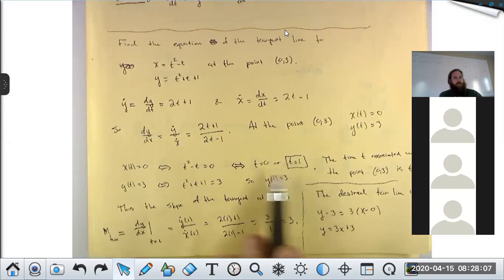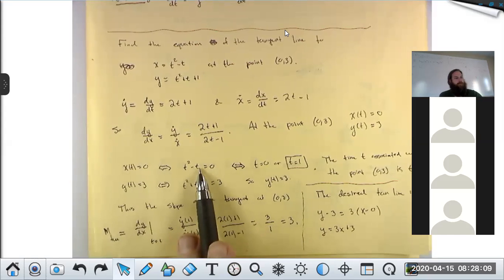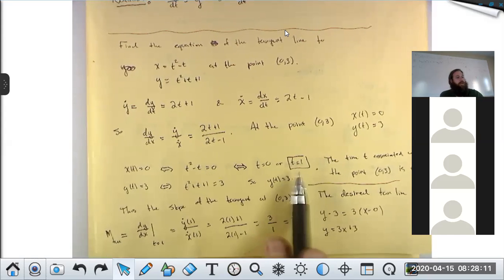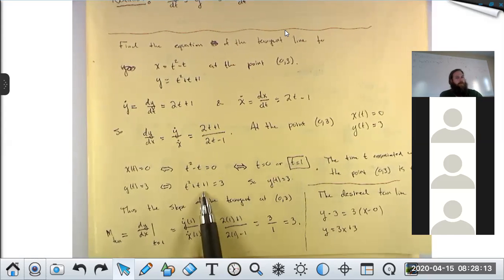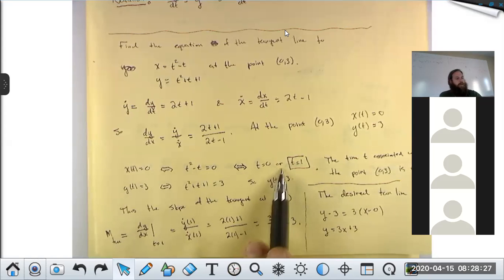It has to be one of these from the first equation. And then I looked at these two and asked, which one would make this one true also? T equals 0 makes t squared plus t plus 1 equal to 1, which isn't 3. But t equals 1 makes it 1 plus 1 plus 1, which is 3. So the first equation gave me these two possibilities, and then I just checked each in the second.